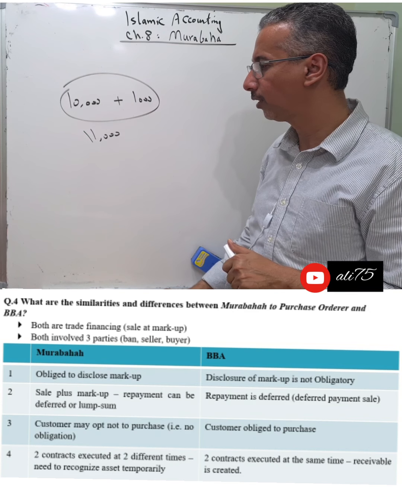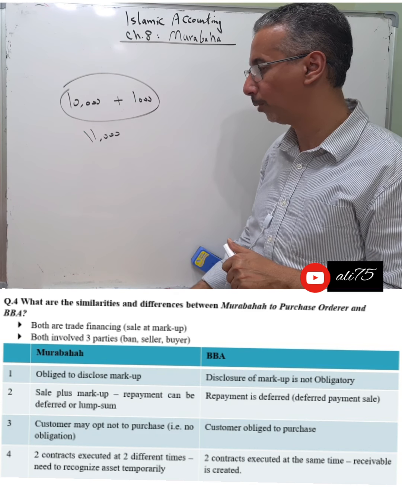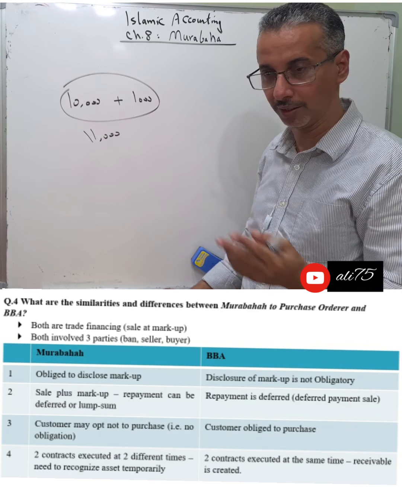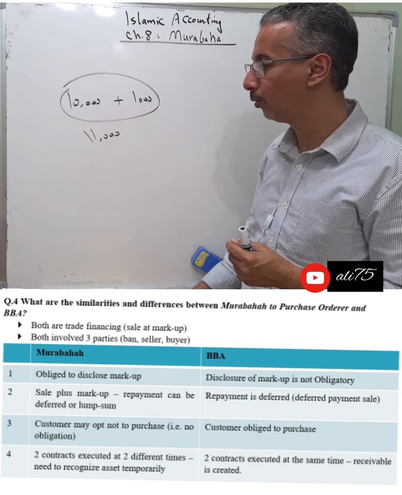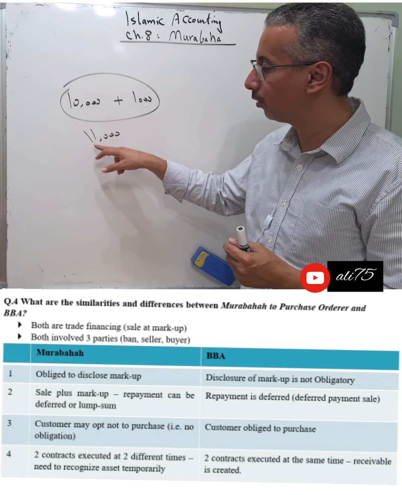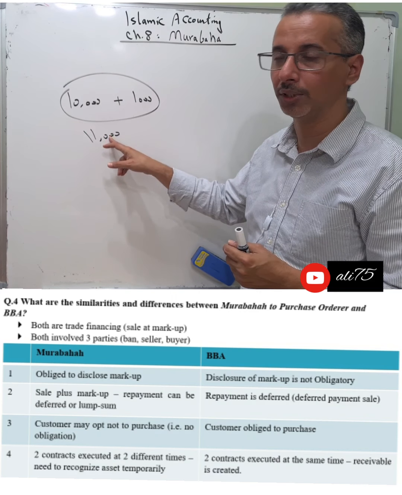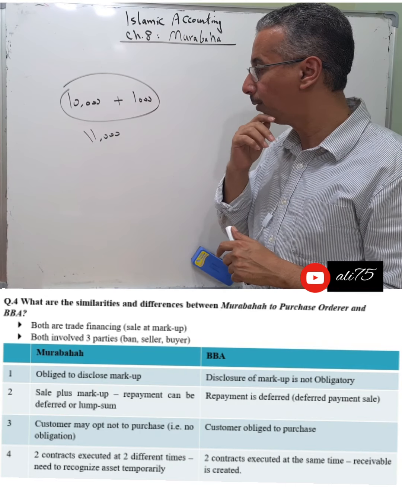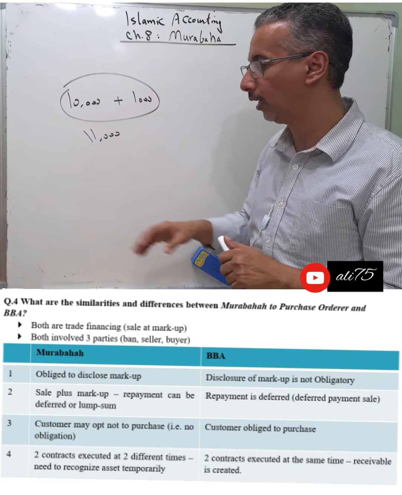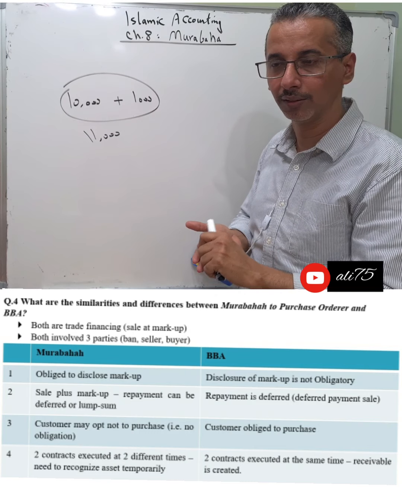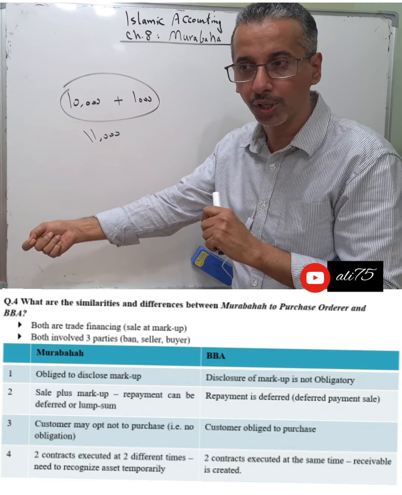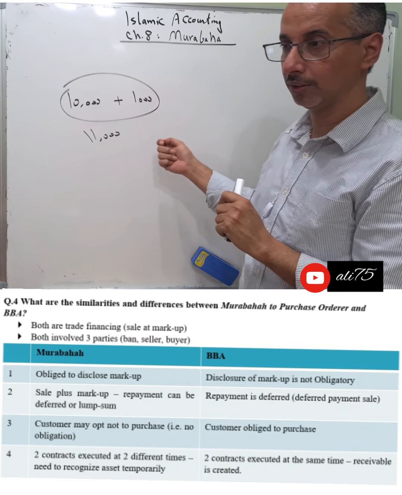The main difference here: customers may opt not to purchase. There is no obligation in normal Murabaha to purchase the commodity by the purchase order. While in بيع بثمن آجل, the customer is obligated, they have to sign an obligation that he or she will purchase the commodity.